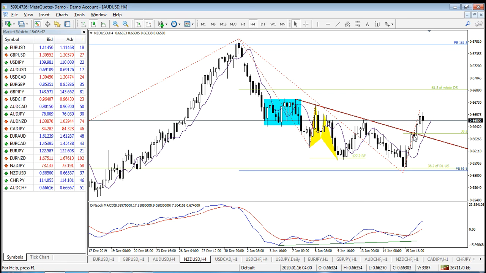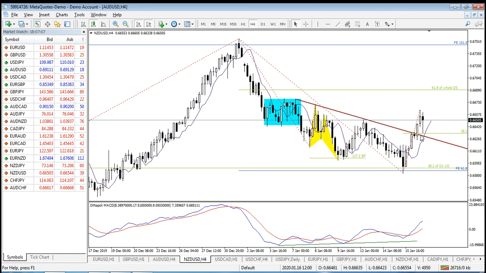So if price returns back to the downside from here, it would be a continuation of the downtrend. But if it crosses above and closes above, then definitely it is a little uptrend, maybe not a very big uptrend, but it will at least push this New Zealand dollar to the 61.8% of the whole downswing from here to here.